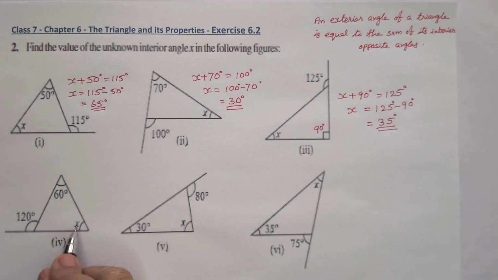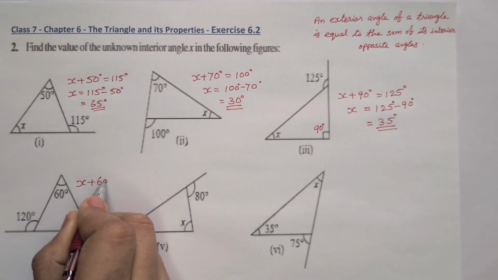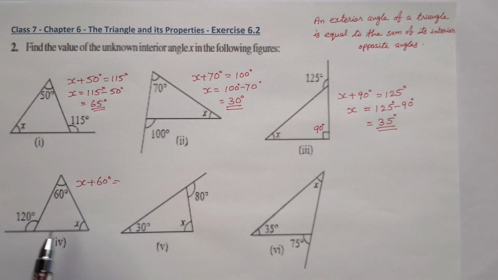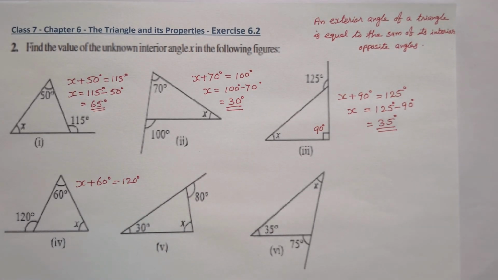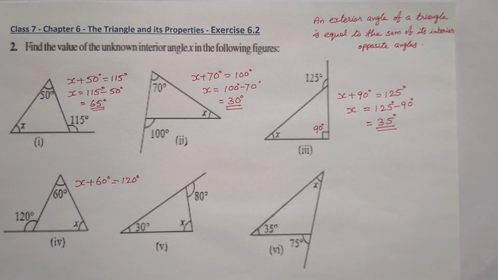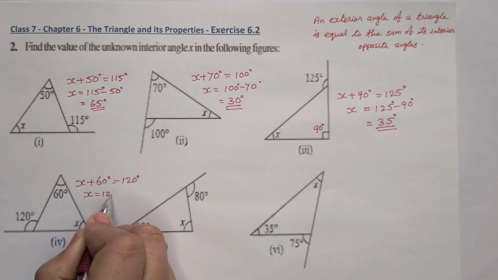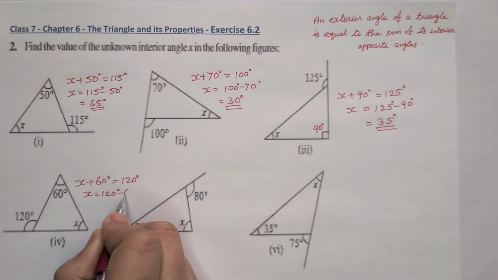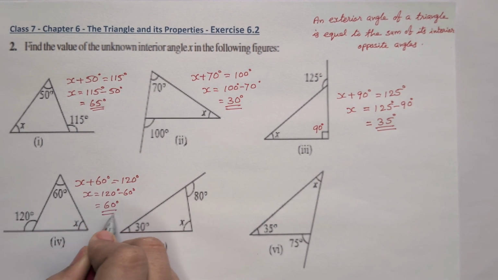Here also these are the interior opposite angles. So X plus 60 degrees is equal to the exterior angle 120. So from that, X is equal to 120 minus 60, which is 60 degrees.